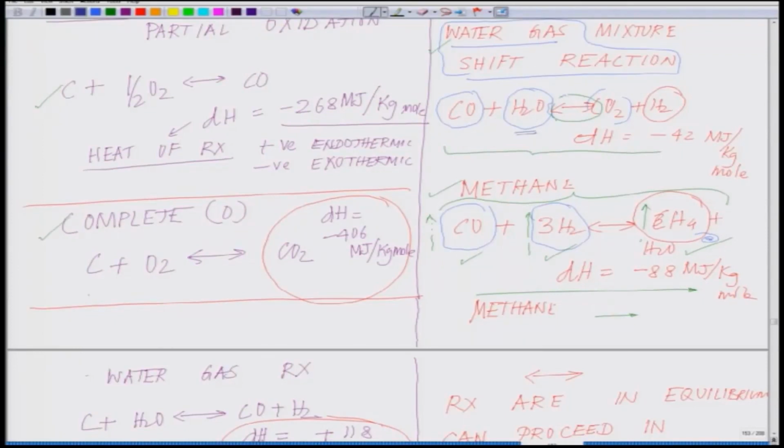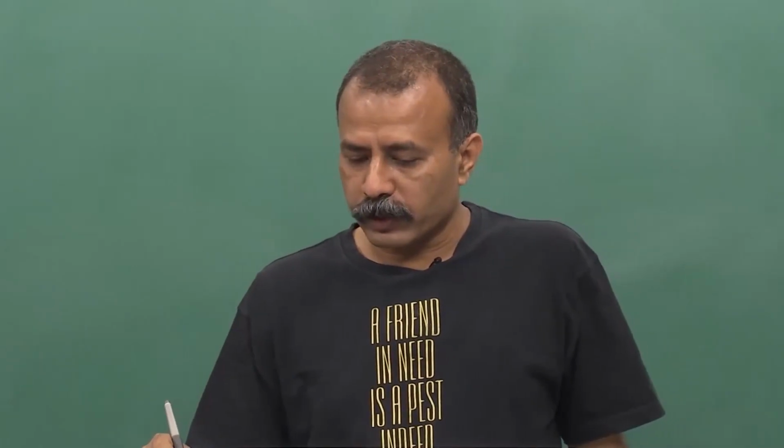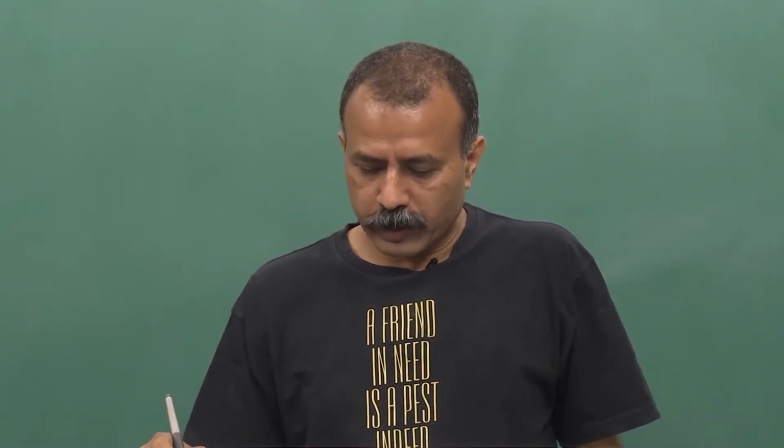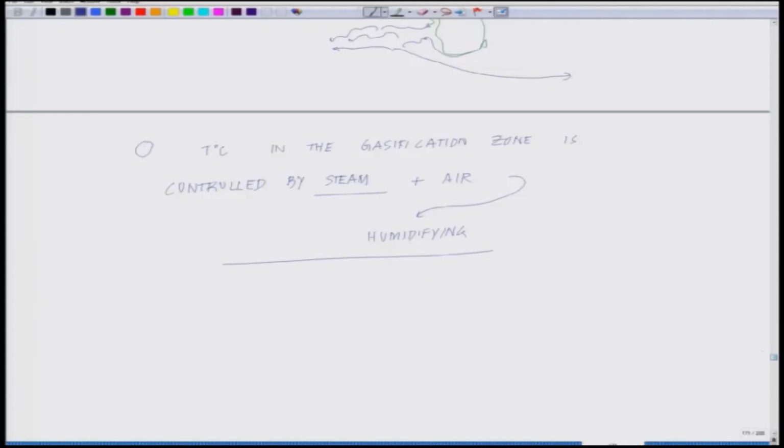You can really put the steam in to control the temperature. So, coming back to the points, the temperature in the gasification zone is controlled by steam plus air, thus humidifying the air. This is how you are controlling the temperature.